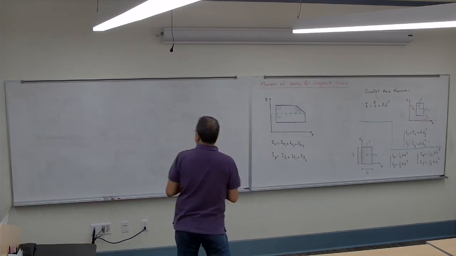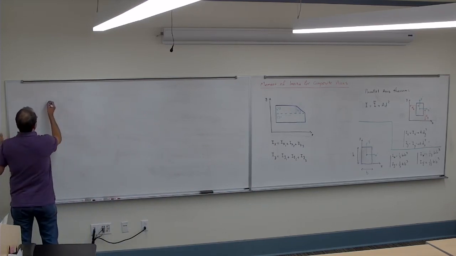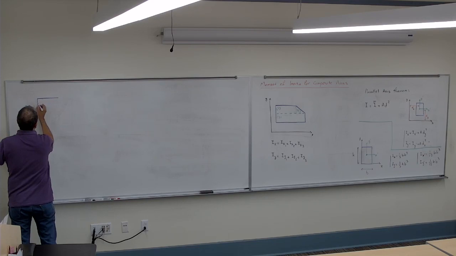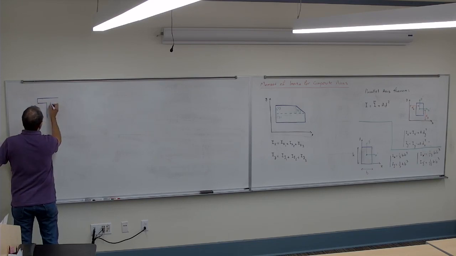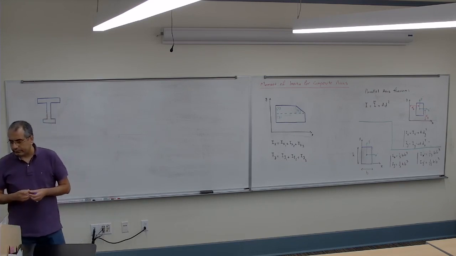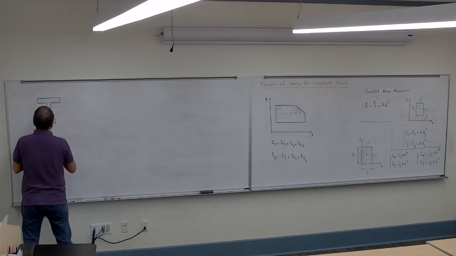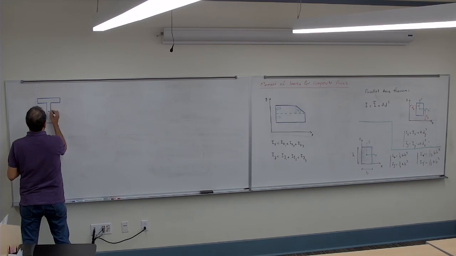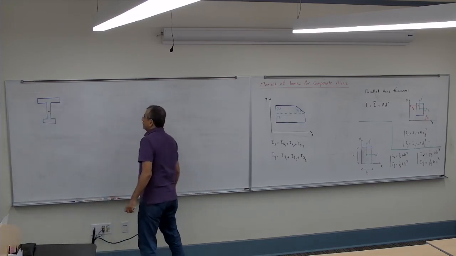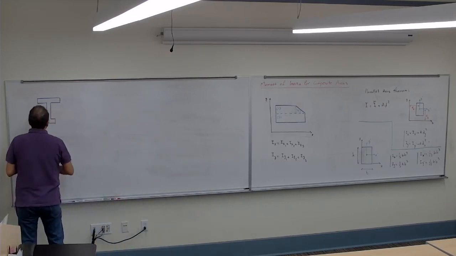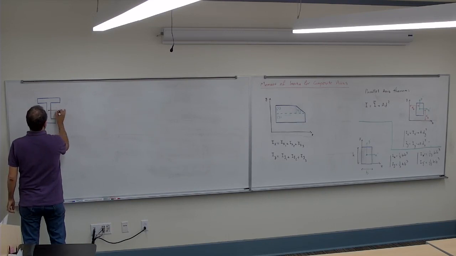So, assume I have a shape that looks like this, with x and y axes here. It's going to be x. It's going to be y.